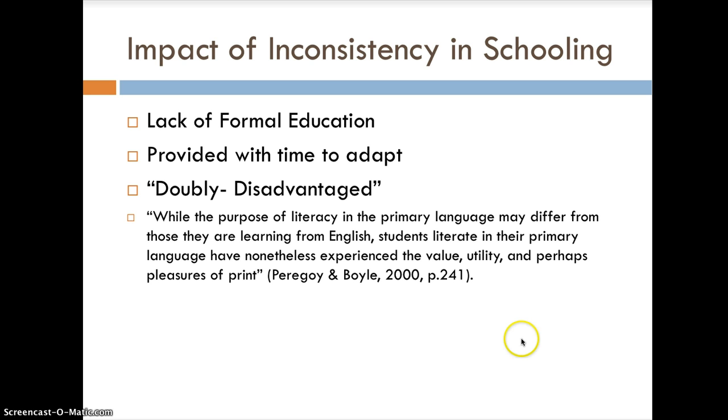You need to provide them with time to adapt, time to get used to the structure of school. They also say that they're doubly disadvantaged because they have a lack of exposure to print in English and their native language. They need to be learning 2 languages at once, either at home or school, or even both. It's important to give those students that opportunity.